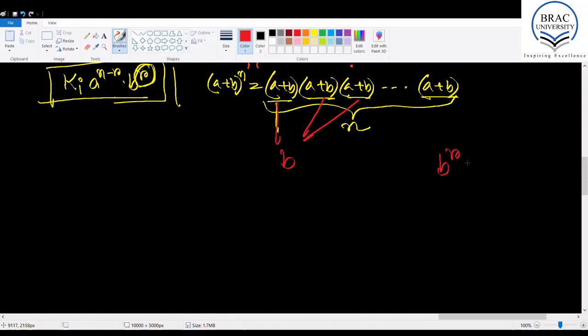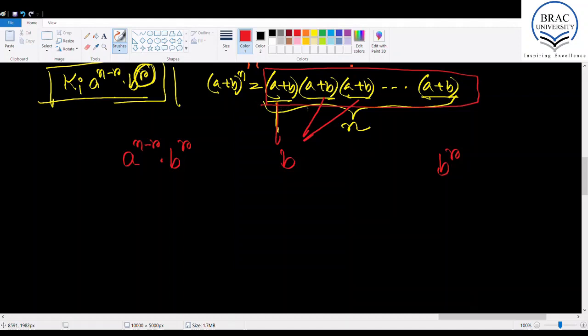So as we can remember from the previous fact, we are supposed to determine how many times we will get a to the power n minus r into b to the power r. Now we will count that. As we know from the definition of combination, there are total n options, right? Here combinations have a great influence on the binomial expansion theorem.